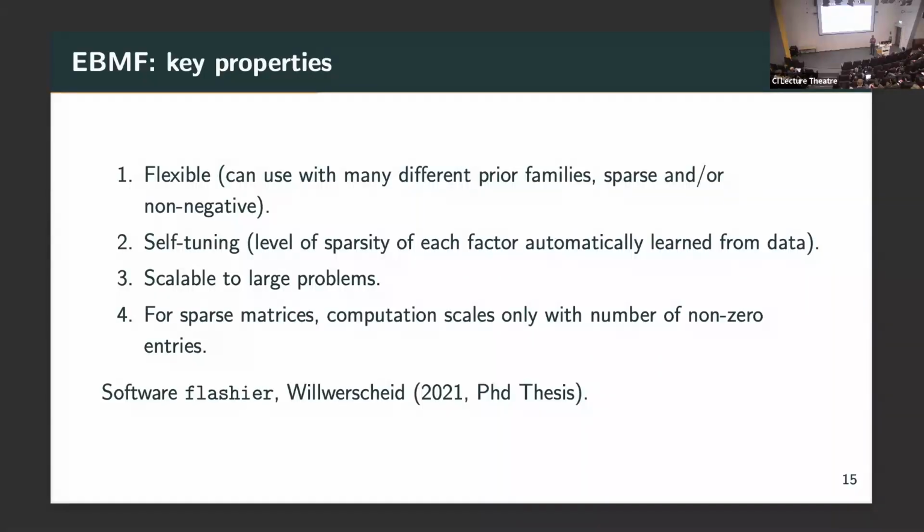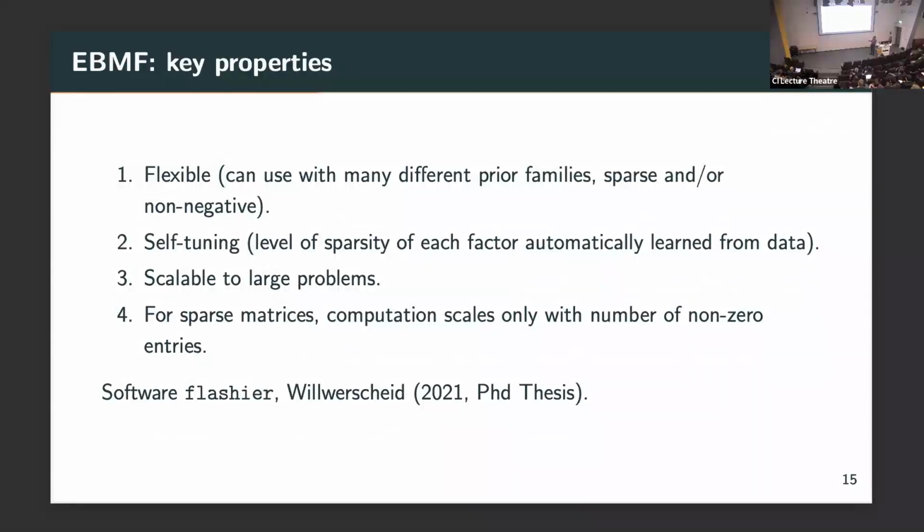And if you want to allow a separate penalty for every factor, one for L and a different one for F, because they may not both be equally sparse, you get 2K tuning parameters, which is a real pain to tune by, say, cross-validation. So people don't do that. They usually assume at most 1 or 2 tuning parameters for the whole thing. So I think that the empirical Bayes approach has some very nice, practical features aside from anything else.